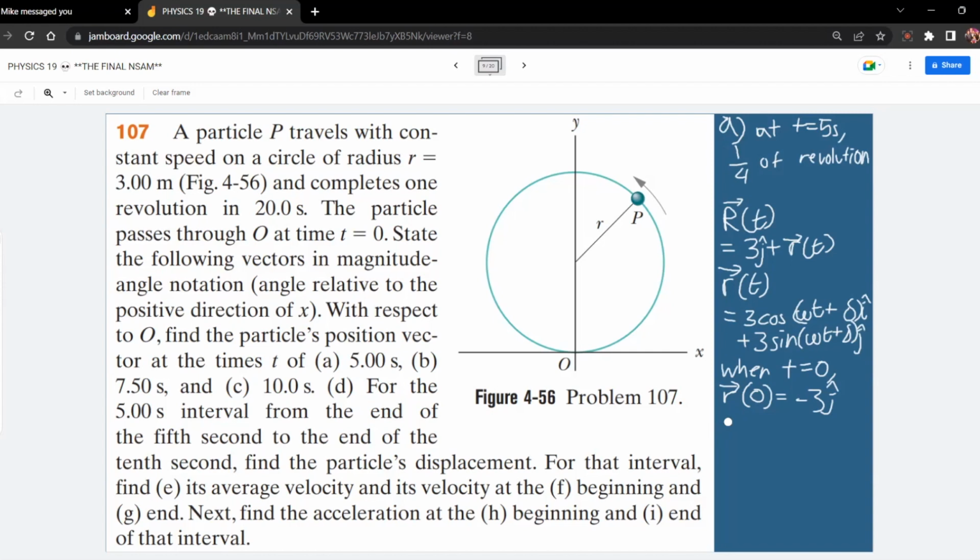Okay, ngayon, ano naman yung omega? Omega is 2 pi divided by 20.0.